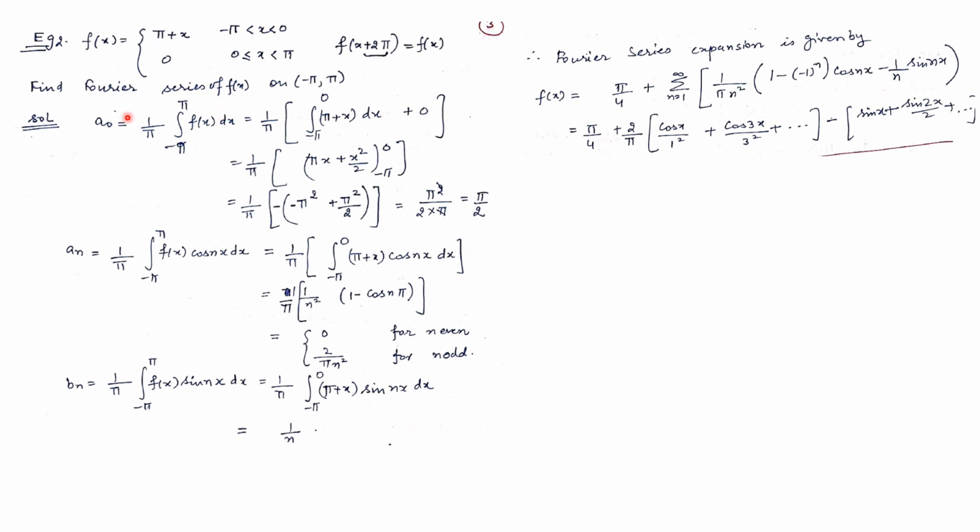Use these formulas, simplify the integrals, and find out the values of a0, an's, and bn's. Substitute the values of a0, an, and bn over here, and we will get the Fourier series expansion of f(x).